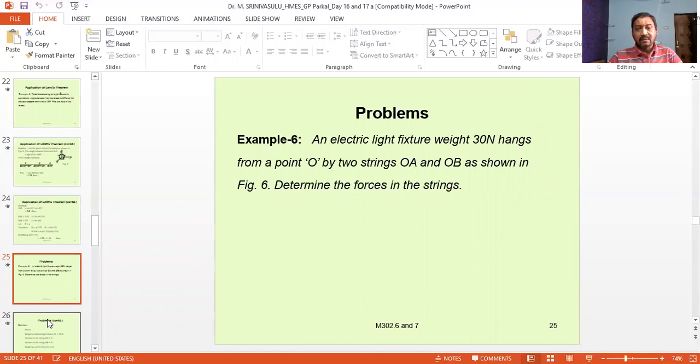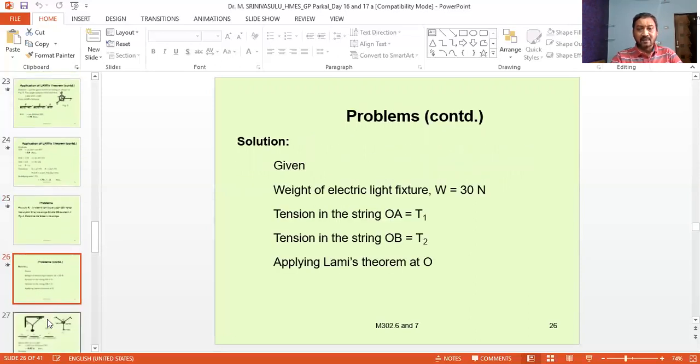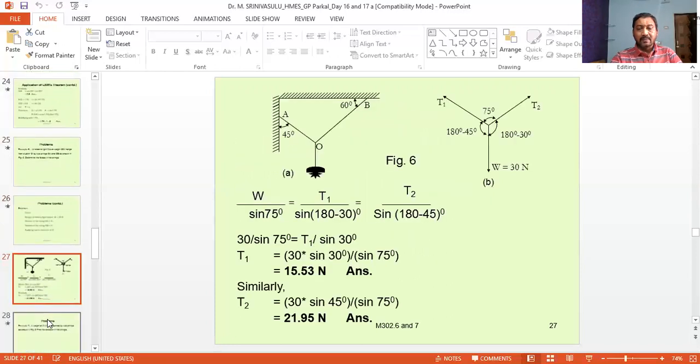Now the angles are given in the figure, and based on the angles and the weight we are supposed to find the forces, or the tensions, acting in the strings. So this is the problem.